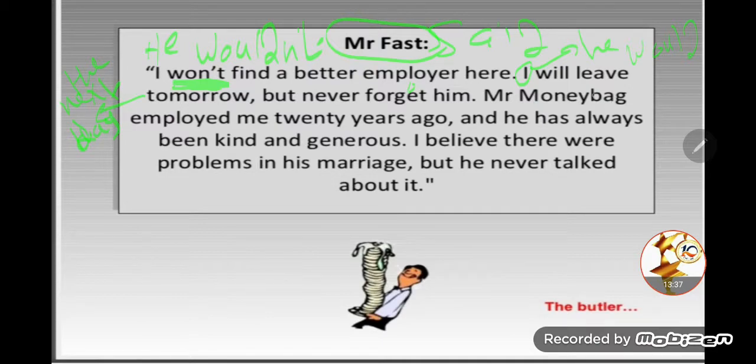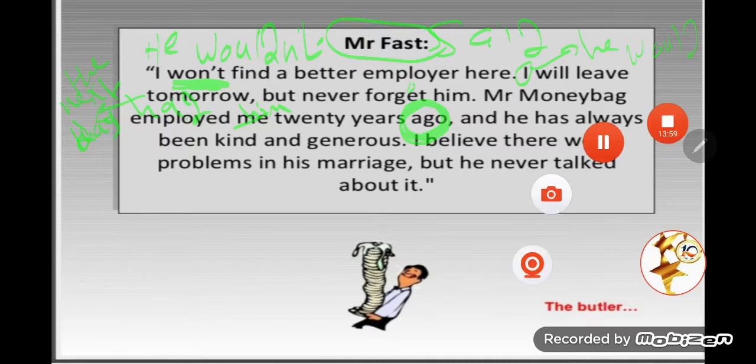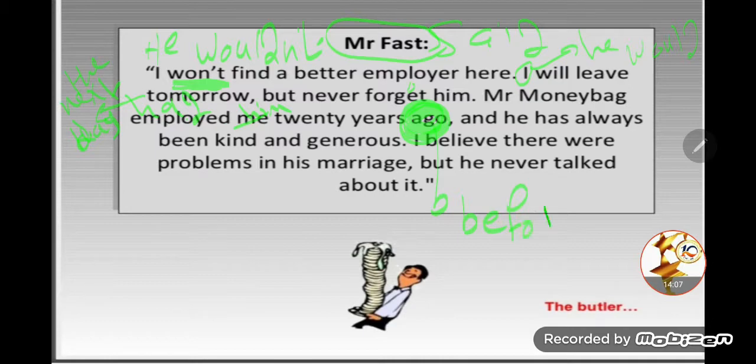Mr. Moneybag employed me 20 years ago. Mr. Moneybag had employed him. Okay, because we have past simple, so we change it into past perfect simple. Had employed him 20 years ago. 20 years ago here, we need to know how do we change it. So what is the change for ago? Ago, before. Ago becomes before.